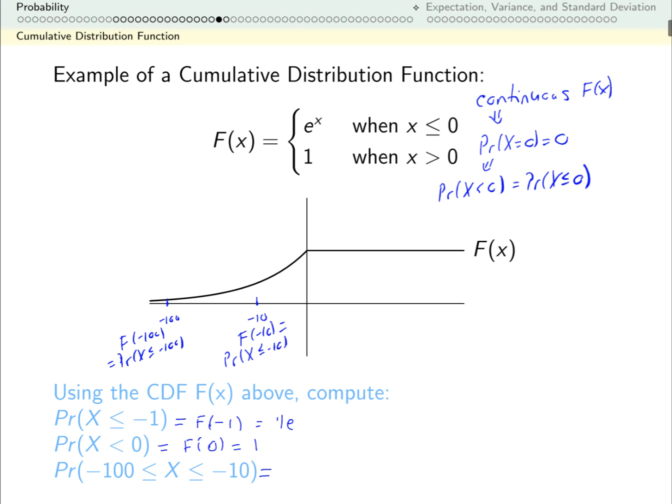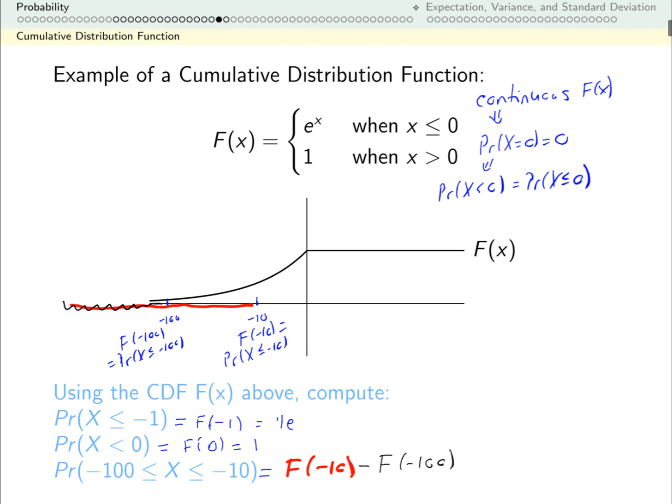I want everything between them. So F of -10 gives me all of these values. But then I want to get rid of the values I don't want. I don't want to include what happens when x is less than or equal to -100, so I just subtract F of -100.